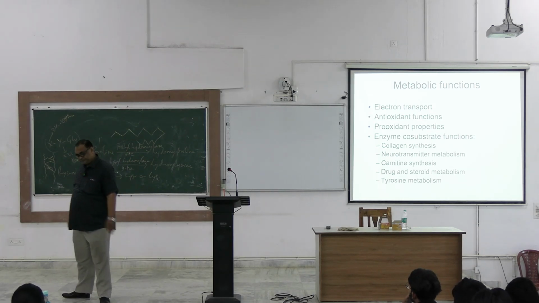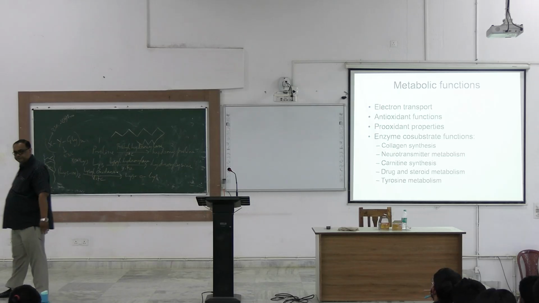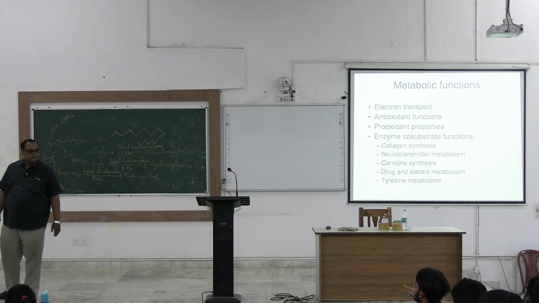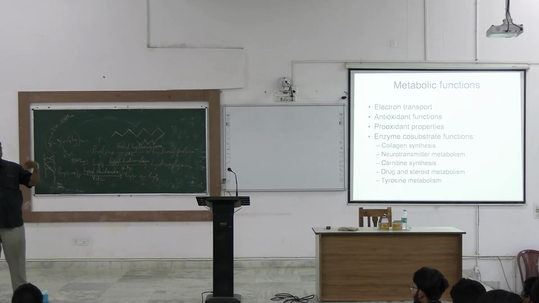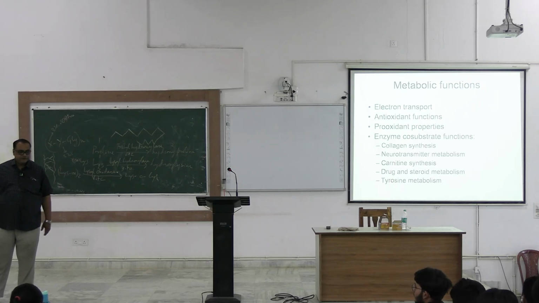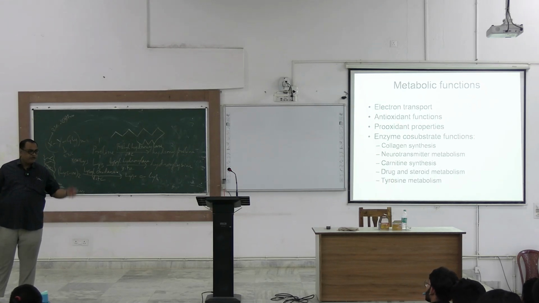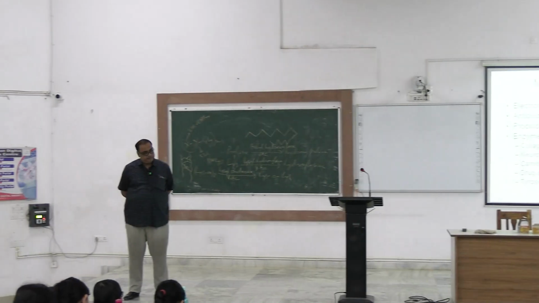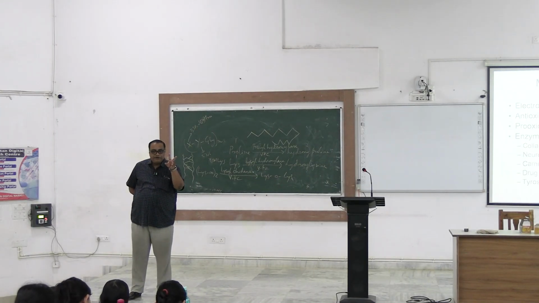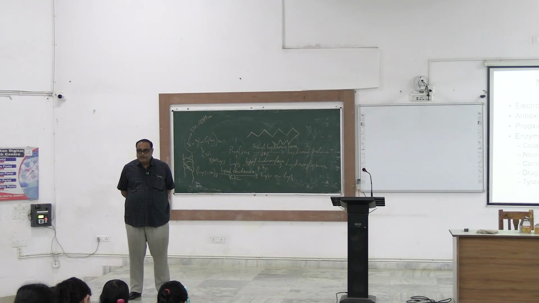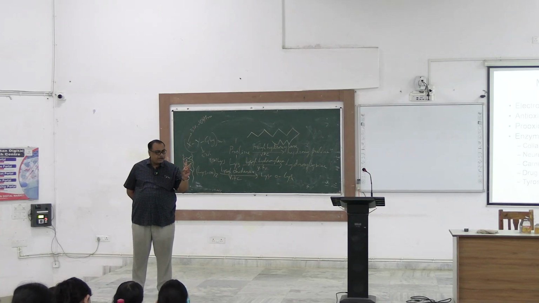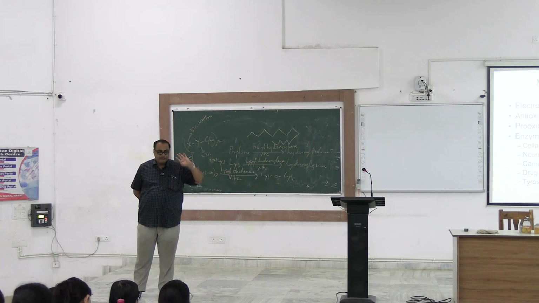One more example: formation of thymidylate, thymine, dUMP to dTMP. They require reduced thioredoxin. Again, two hydrogen atoms are required.